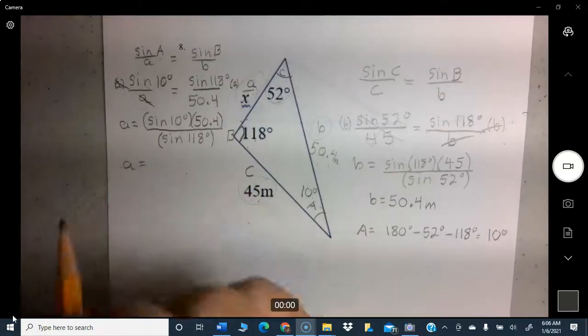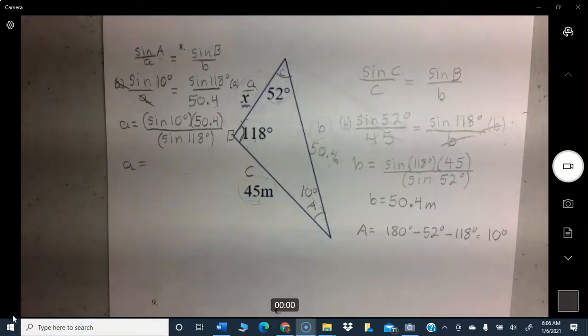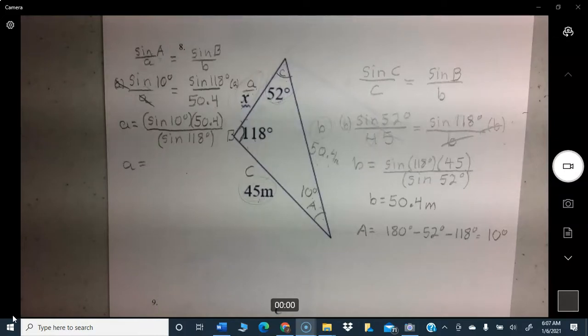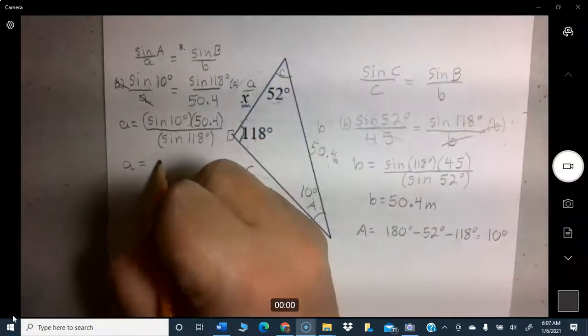So now just solve that. Okay, so sine 10, and it gives you 9.9. So A equals 9.9 meters.